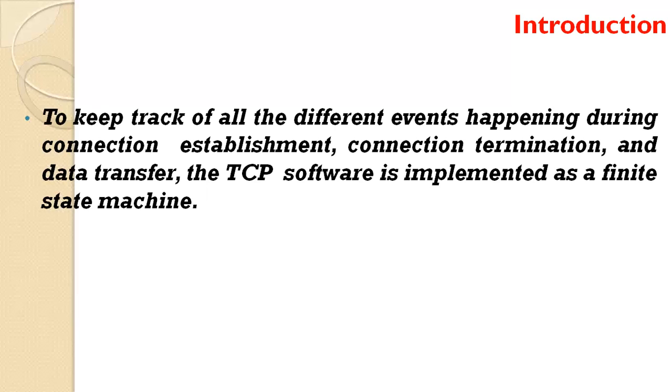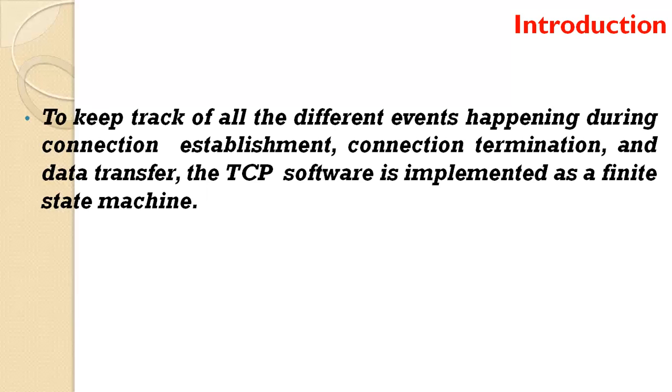To keep track of the different events happening in a TCP connection, that is connection establishment, connection termination, and data transfer, the TCP software is implemented as a finite state machine. This finite state machine enables us to understand the different processes done by TCP in a pictorial, that is diagrammatic, manner.